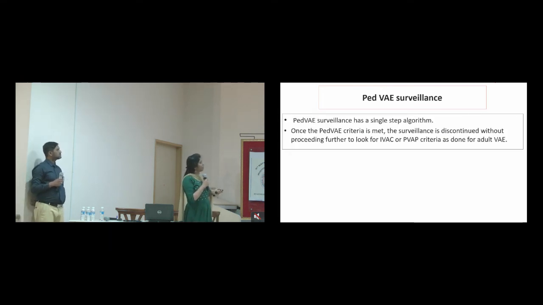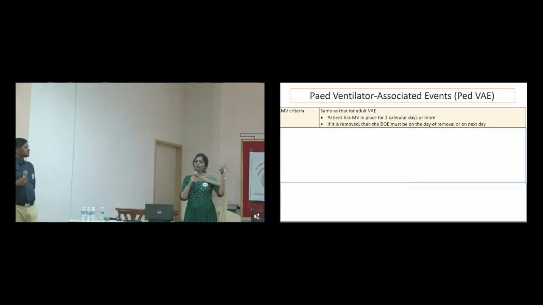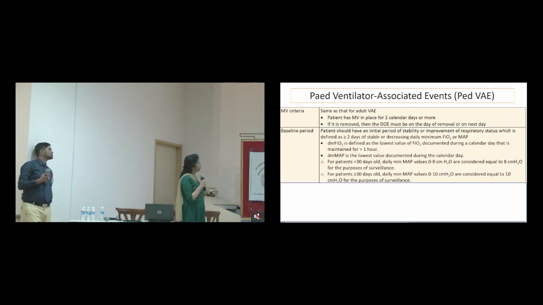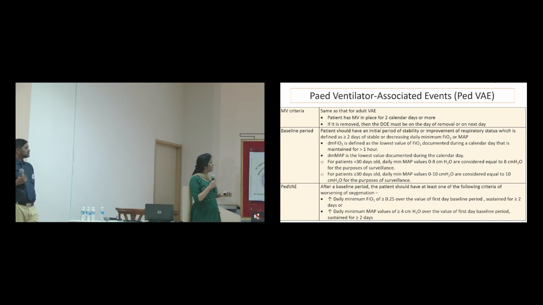Next, coming to what this PED VAE is. It is a single step algorithm. The mechanical ventilation criteria are the same as what we use for adults. The patient has to be mechanically ventilated for at least 2 days or more, followed by a baseline period. The numbers I told you just now are what vary, whereas the concept of baseline and increase from baseline to worsening of gas exchange remains the same.